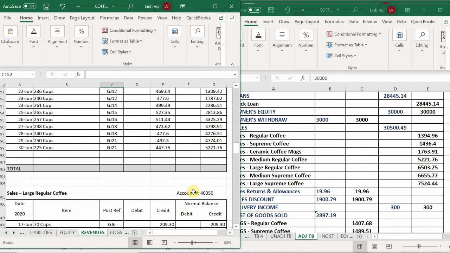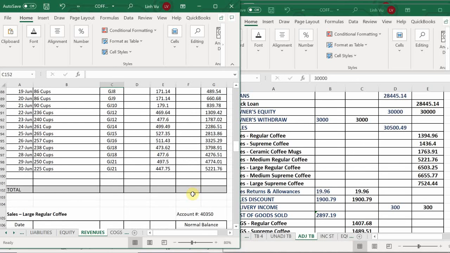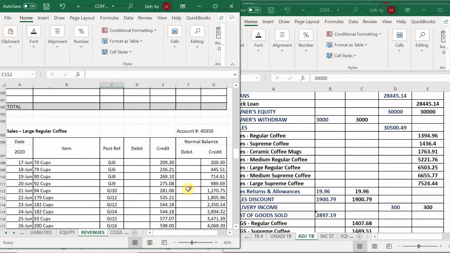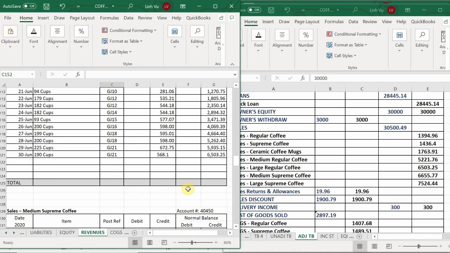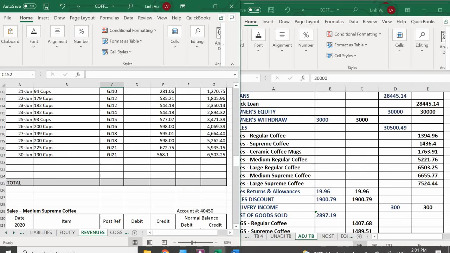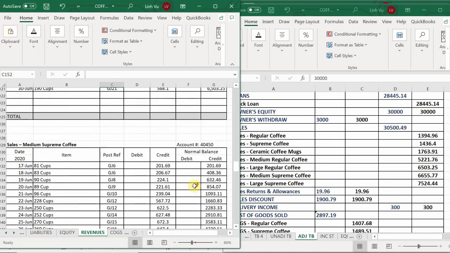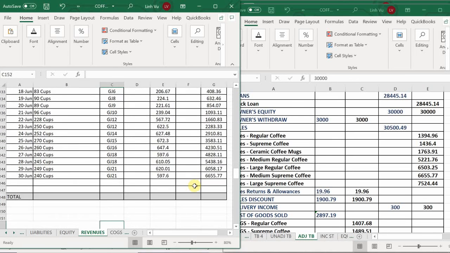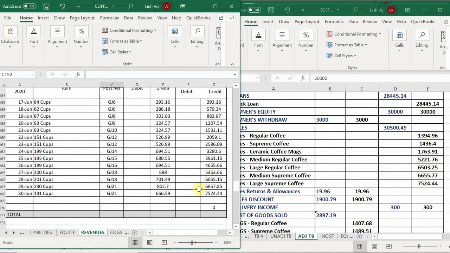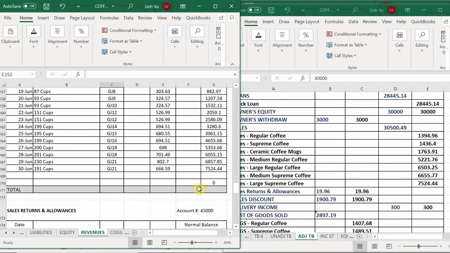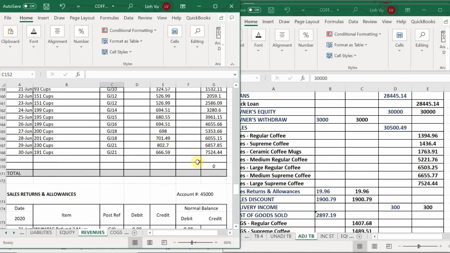Sales for the medium regular is the same. What about large regular? 6503. The sales for the 665,577, the same. And last but not least, sales for the large Supreme coffee is still the same. So that means sales did not change.